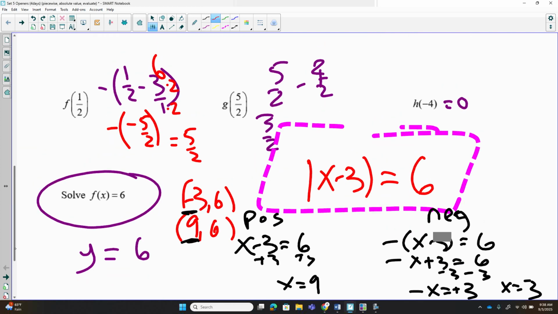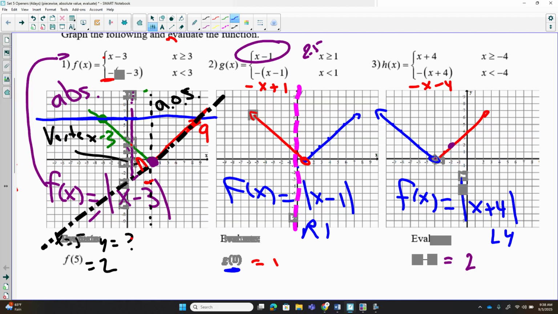All right, so looking at this one right here, I've got a blue line right here, correct? It has two solutions. Can I draw a line that would create it to only have one solution? See, that green line is only hitting one spot, correct?